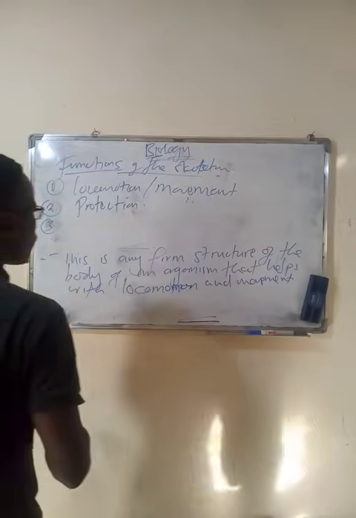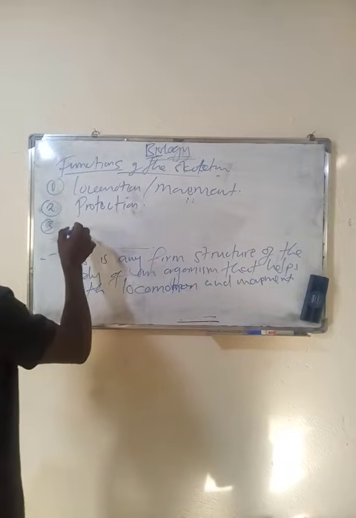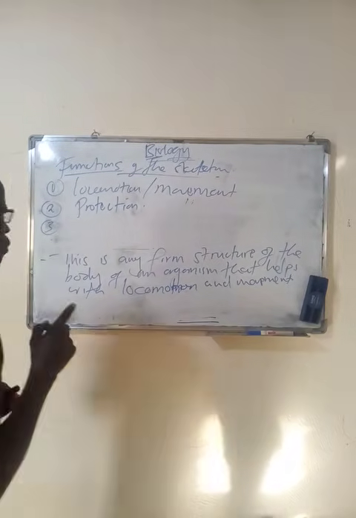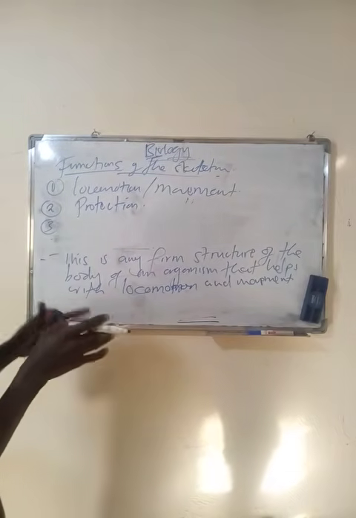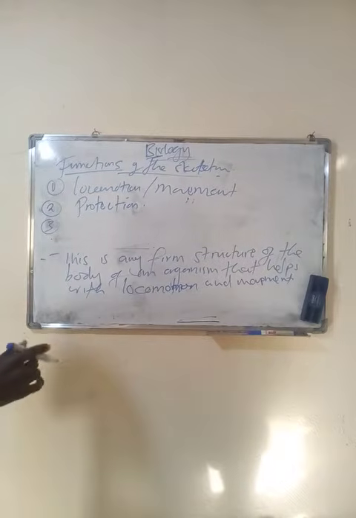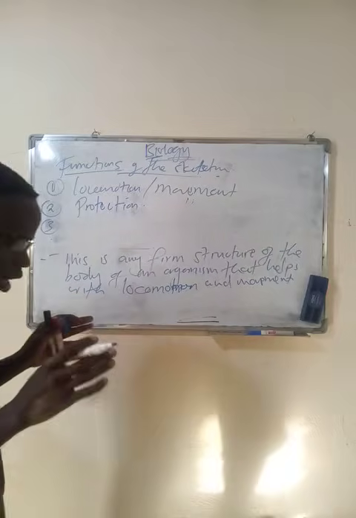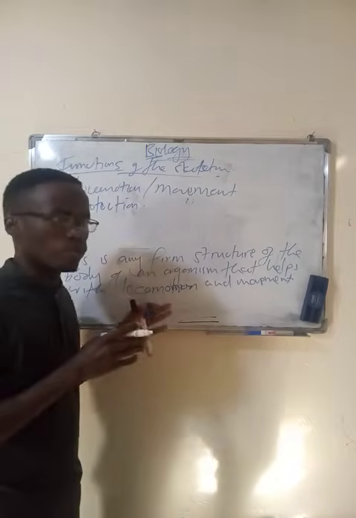Then number three, the other function is also for what is called hemopoiesis. Now since this is grade 12 biology, I'm not going to be using those deep medical terms. I'm going to try as much as possible to restrict myself to biology 12, right?